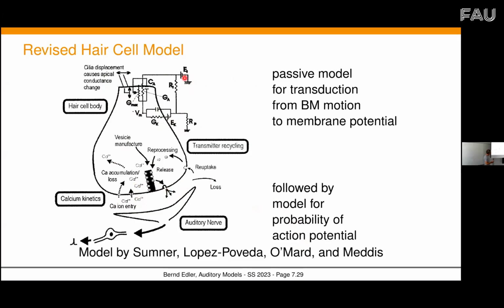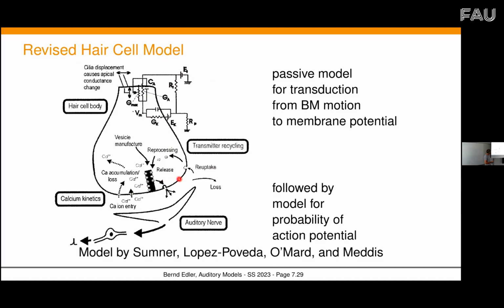So this is the membrane potential. This is a passive model, just controlled by this resistor, which is controlled by the displacement of the stereocilia, and then the rest is passive, except for the energy sources here, of course.